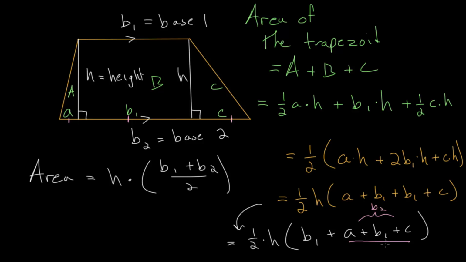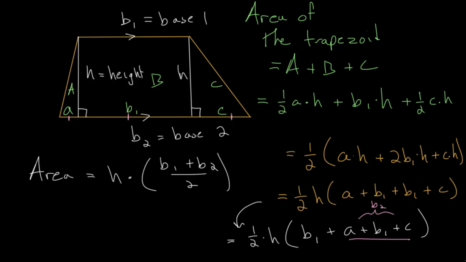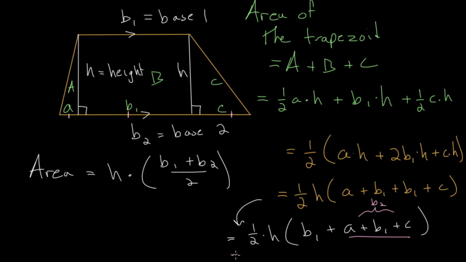So we can substitute that back in so that now, let me just make a little more room. This is equal to H multiplied by B1 plus B2, and we can move the 1/2 back on the inside. So this would be divided by 2. And notice that's the exact formula that I claimed it would be.